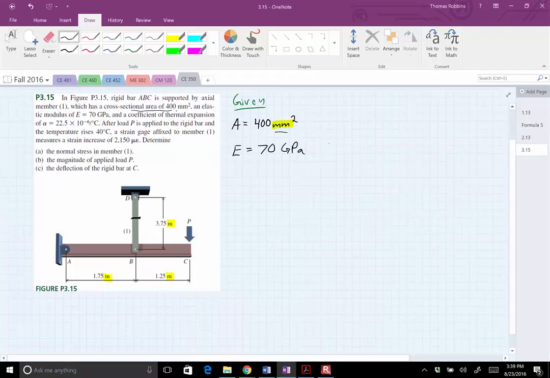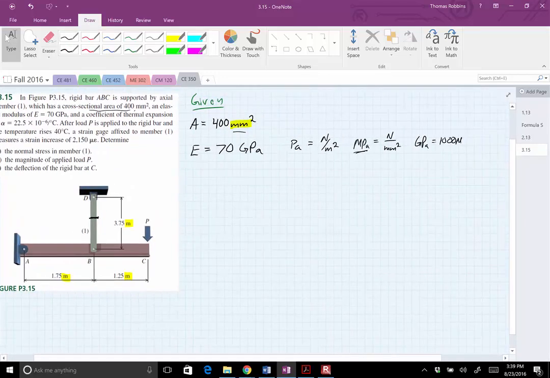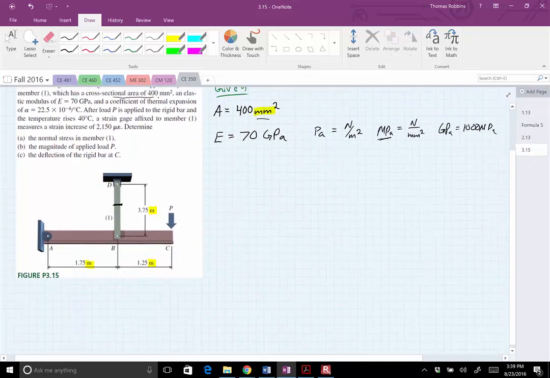A pascal is going to equal a newton over meter squared, because it's pressure. A megapascal equals a newton over millimeters squared, and a gigapascal equals 1,000 megapascals. Okay, so that's just a side note there.